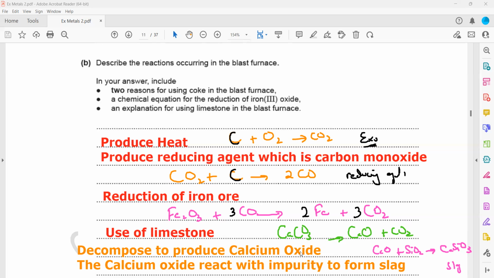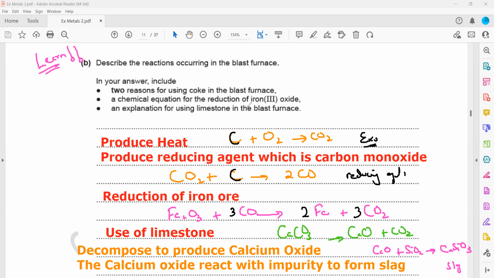Is it clear? So you have to learn this extraction. You have to memorize the steps of how iron is extracted in the blast furnace. Any question in this? Okay, sir. No, sir. It's only confusing. Yeah, but still you have to learn, memorize this procedure: carbon reacts with oxygen to give carbon dioxide.